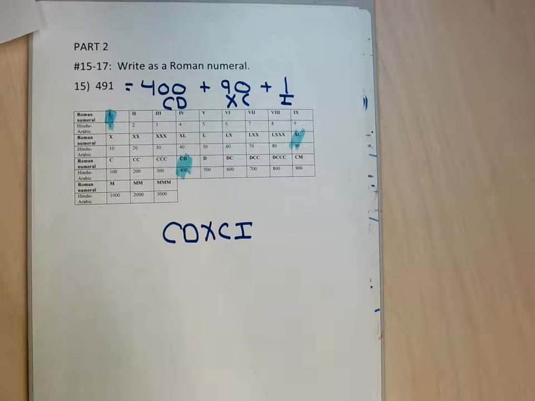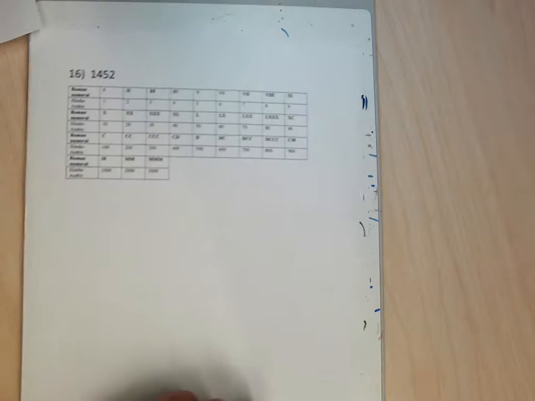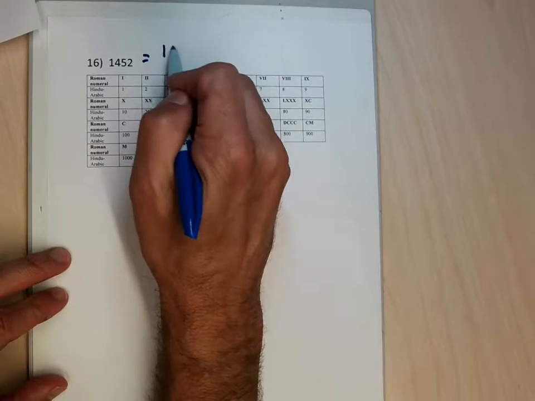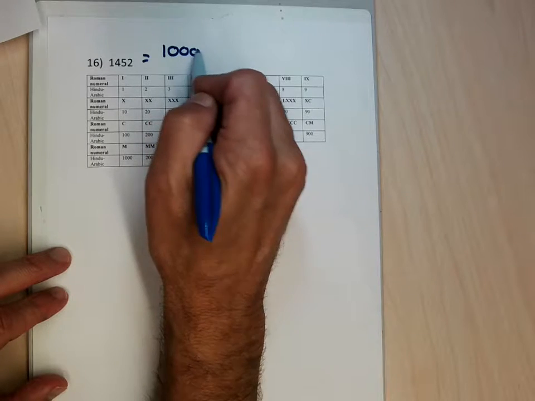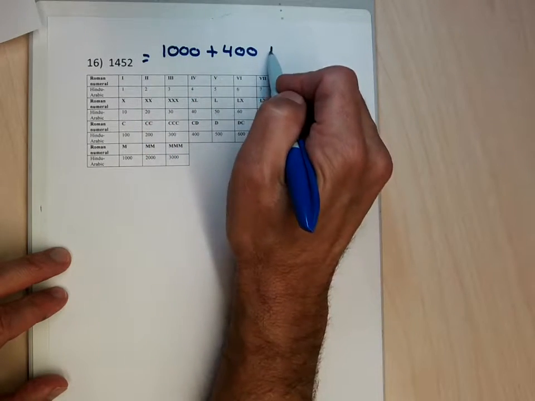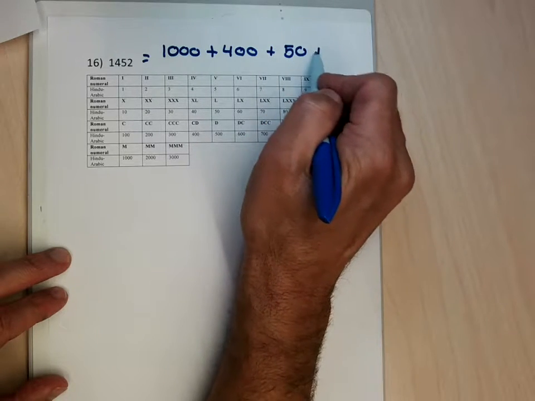That's a friendly problem. I'm going to do the same thing for number 2. So I'm going to rewrite this in its thousands, because there's 1,000, its hundreds, its tens, which is 50, and its ones.